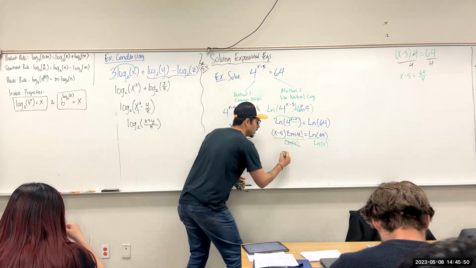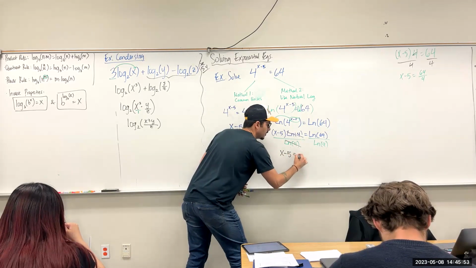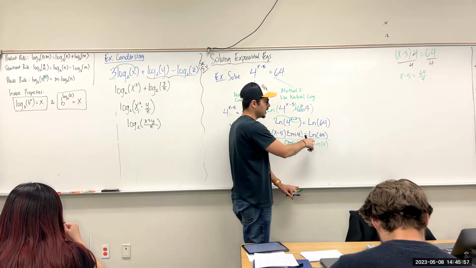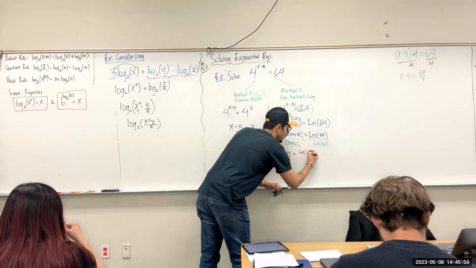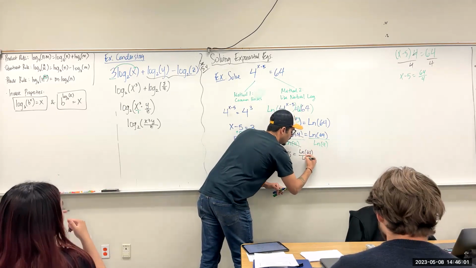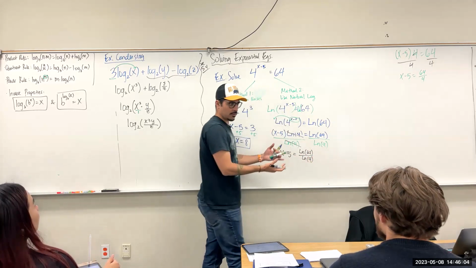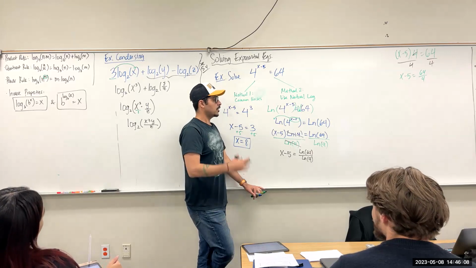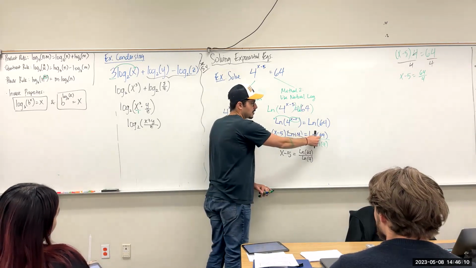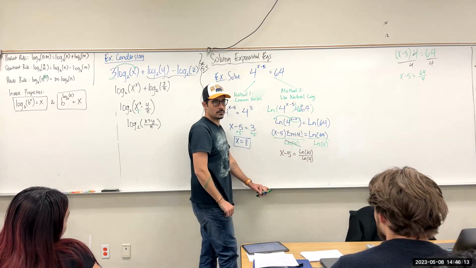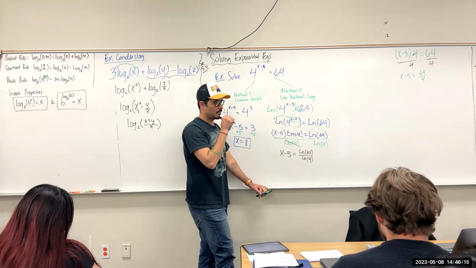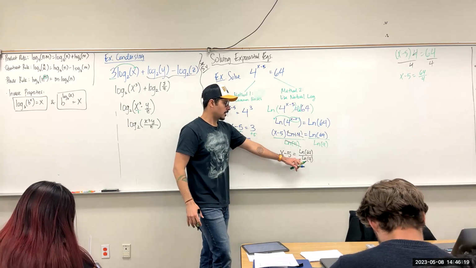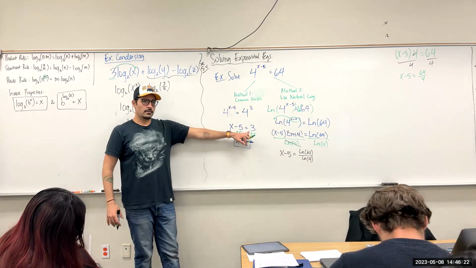So I'm left with x minus 5 equals 64 over ln of 4, which, yes, you guys are right, it does equal 3. But what I don't want you to do is divide the 64 by the 4. That would be incorrect. It just stays ln of 64 over ln of 4. In this case, with the calculator, it's a beautiful 3.